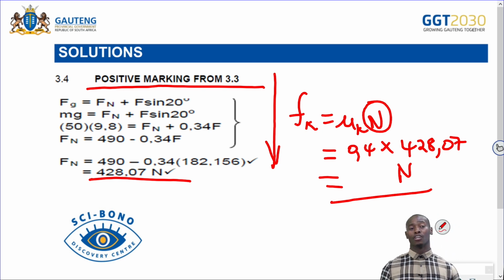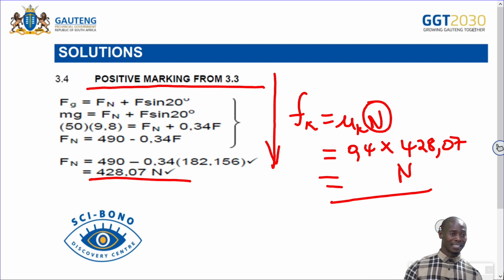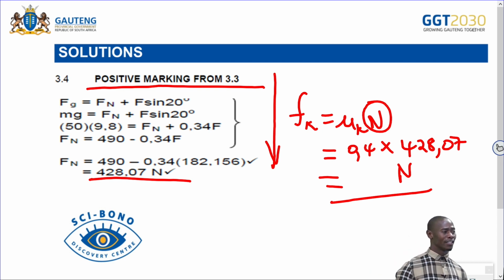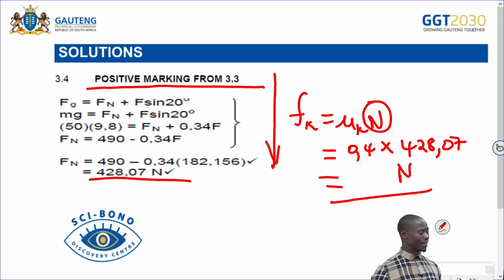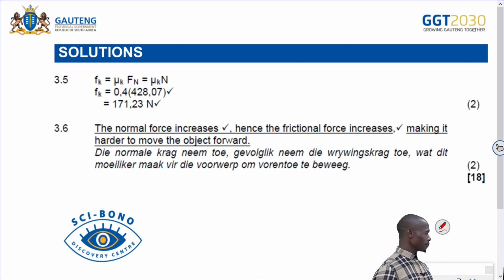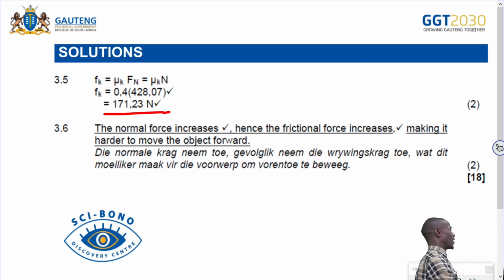It's unfortunate that you didn't get 3.3 correct. You understand that? But make sure that you don't leave questions unattended. Even if you are not sure, as long as you continue with those answers, you are going to get all the marks for the following questions, right? Then this is what they got here, 171.23 for the Fk.